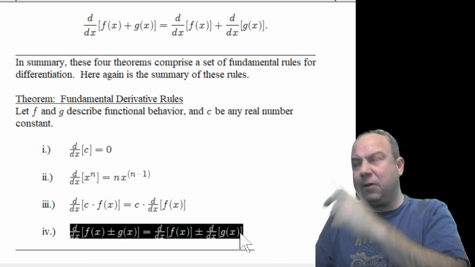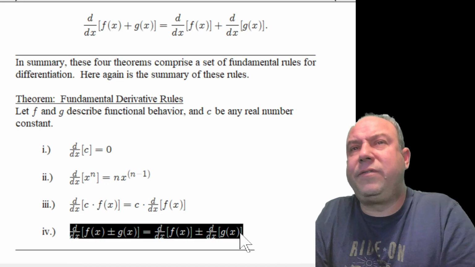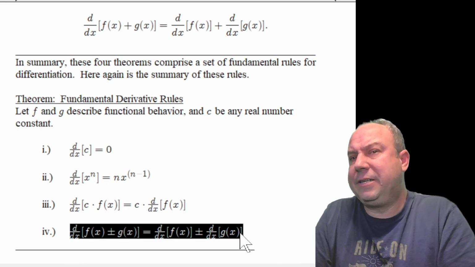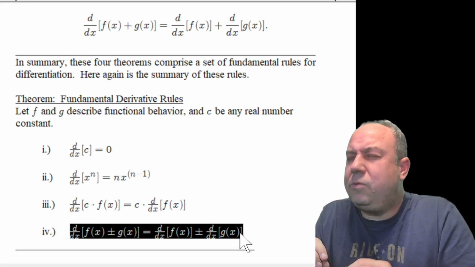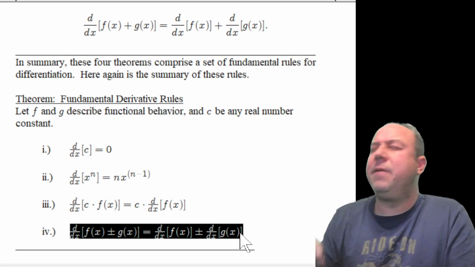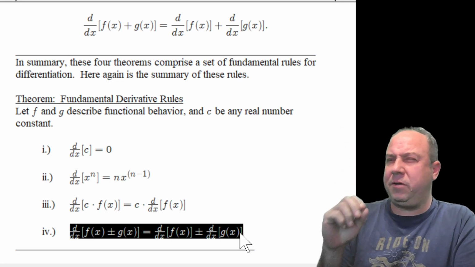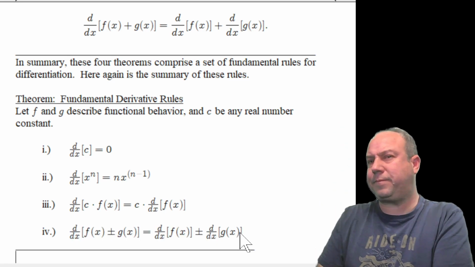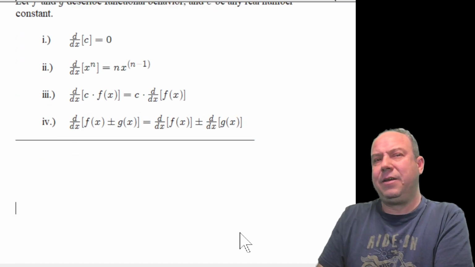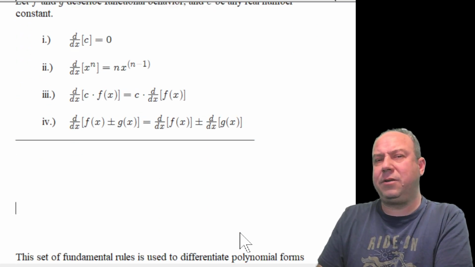All right? Those are the four fundamental rules of derivatives, for the basics. These will allow you to find the derivative for any polynomial function. If we look at a polynomial, here's a polynomial.